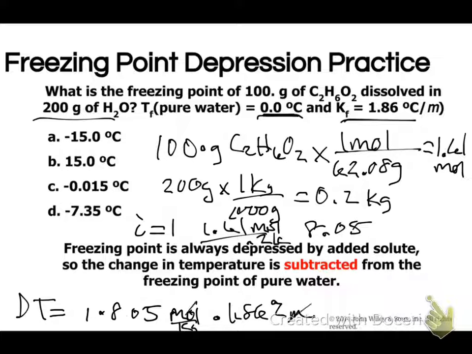So our molality cancels, and we get delta T equal to 14.97 degrees Celsius. I have to take that and subtract it from the freezing point initially. So 0 minus 14.97 gives us negative 15. Okay, so that's colligative properties.